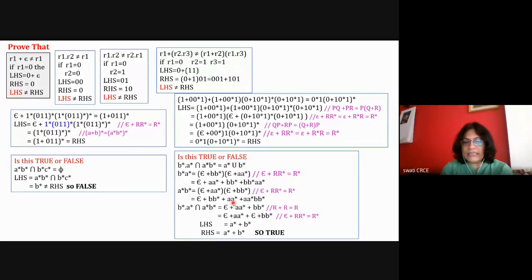This is nothing but A star union B star, meaning either A star or B star, since plus means or. So we proved that LHS is nothing but RHS. So it is true. In this example, we have to prove it in this way.